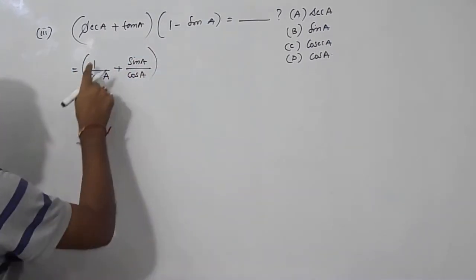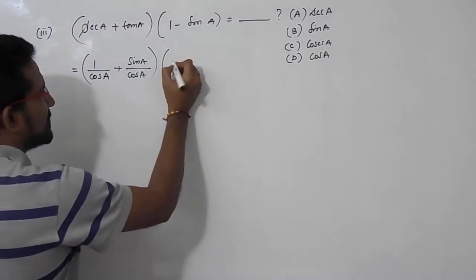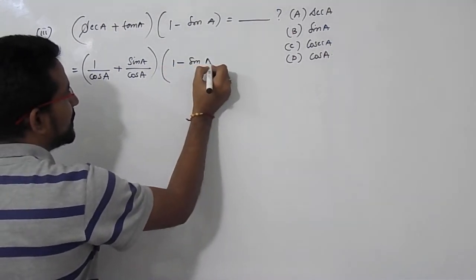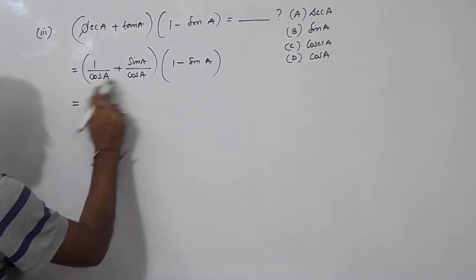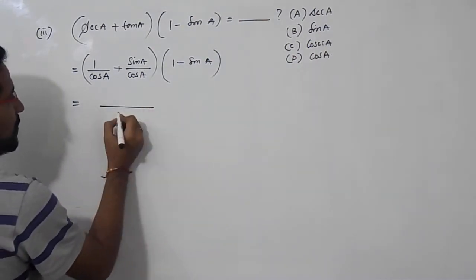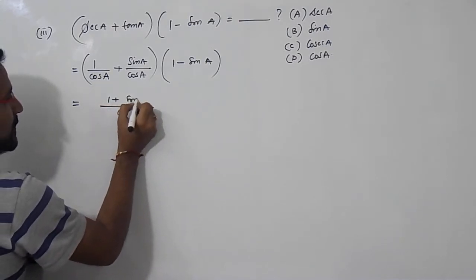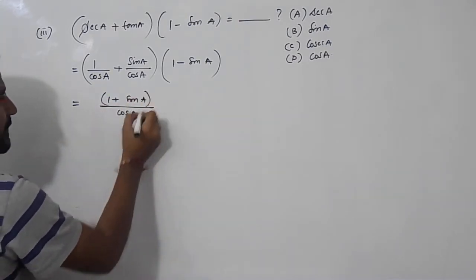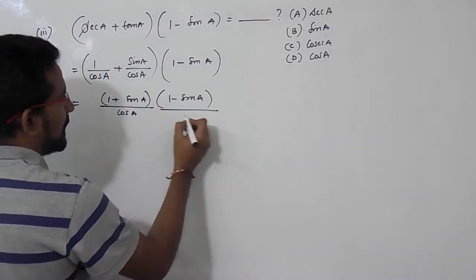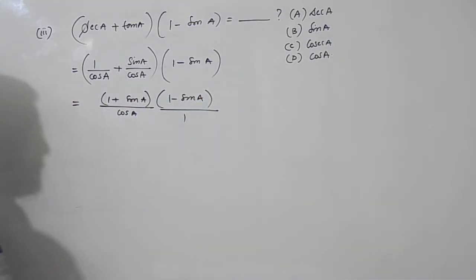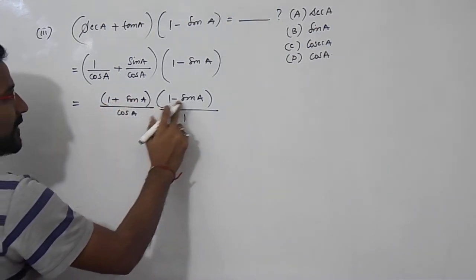So we got 1 upon cosA plus sinA upon cosA, and this is already in terms of sinA, so 1 minus sinA. Now the denominators are same, so cosA, so numerator will get added, so (1 plus sinA) into (1 minus sinA). So in the denominator there is 1 here. Now we are getting 1 plus sinA and 1 minus sinA.